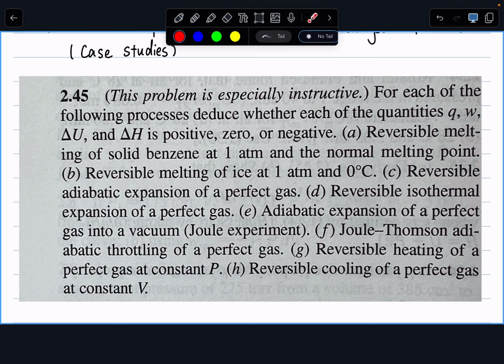This is one of the example problems in your chapter and summary: for each of the following processes, just write out whether or not each of these quantities, heat, work, delta U, and delta H, are positive, 0, or negative. We don't have to do any calculation, just simply doing a mental gymnastic and try to derive whether or not these are positive, 0, or negative.